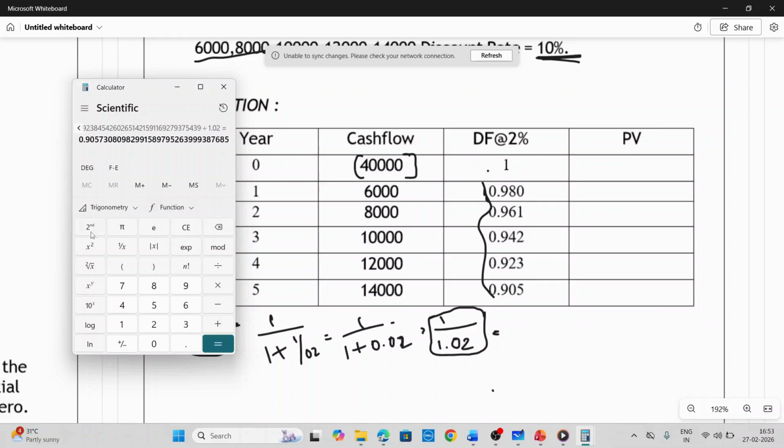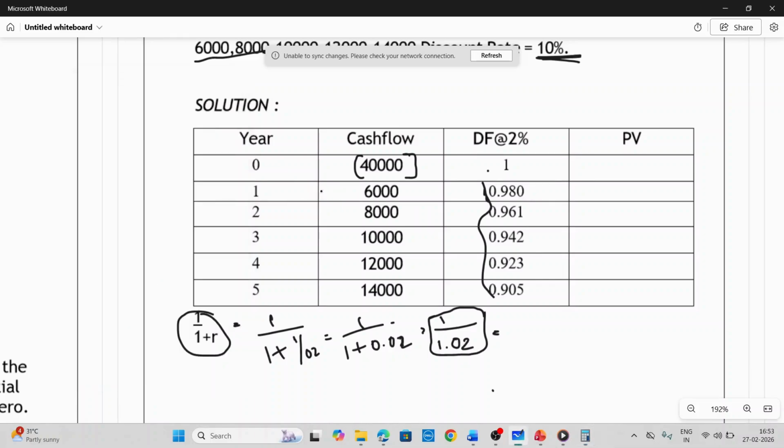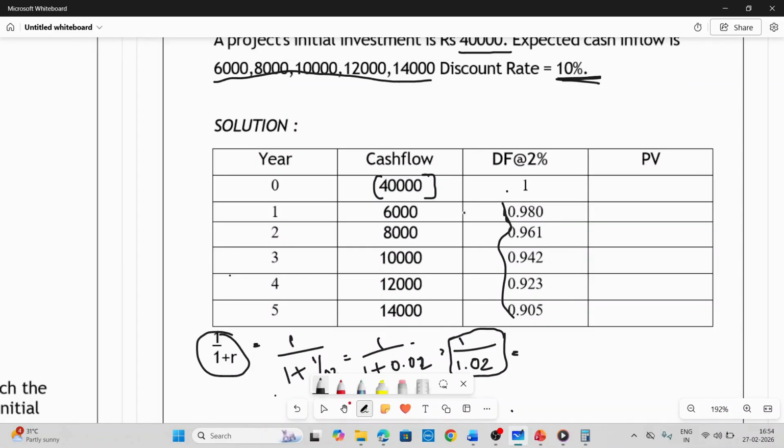So I hope you got this. Now multiply: 6,000 into 0.980, 8,000 into 0.961, 10,000 into 0.942, 12,000 into 0.923, 14,000 into 0.905. Multiply this and write the amount.